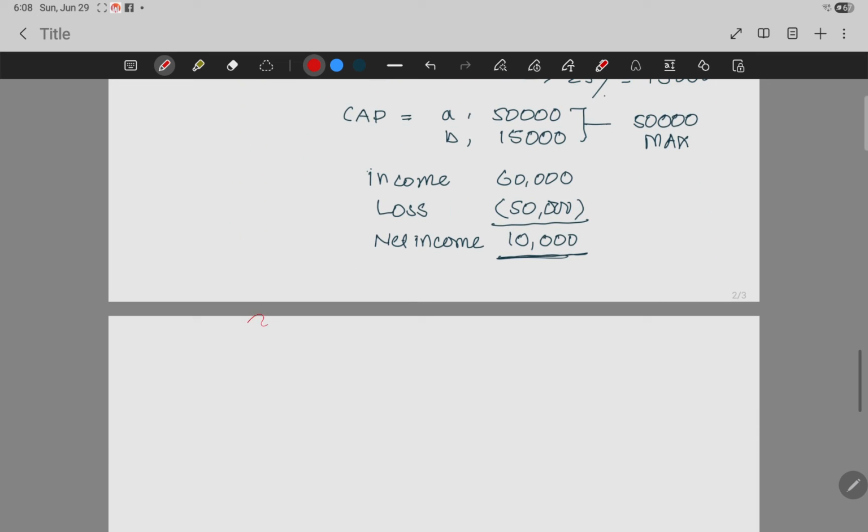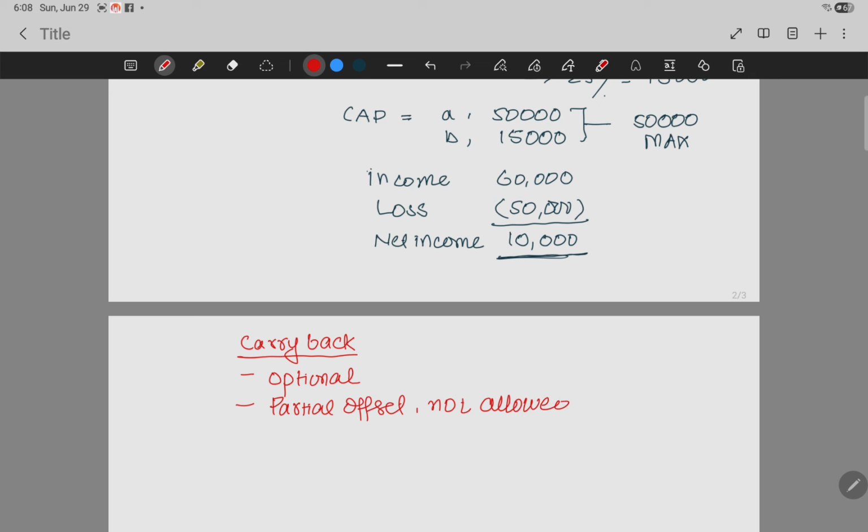Now another option we have is the last year, that is carry back relief. Again, this is optional, and partial offsetting is not allowed here as well. Cap, which is the same as current year, but there is no restriction against trading profit.